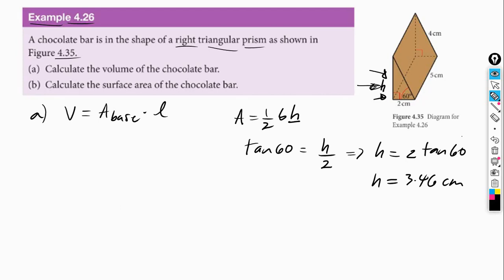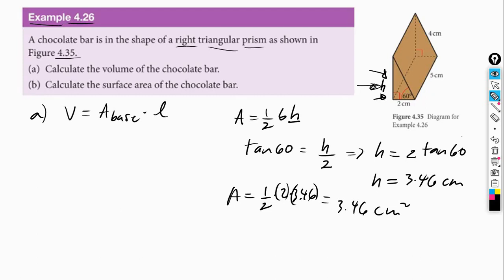We would then have that the area of the triangle is going to equal 1/2 times 2 times 3.46. Let's use this that way. Looks better. And notice that this will give us 3.46 centimeters squared.